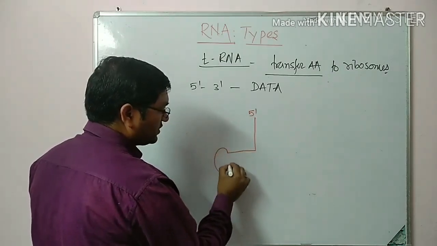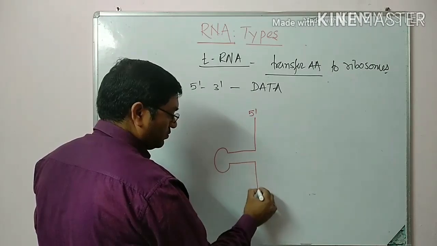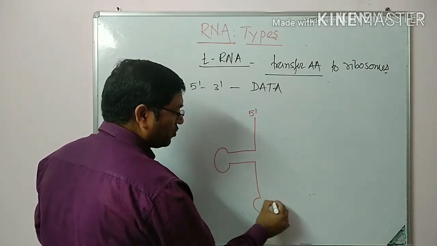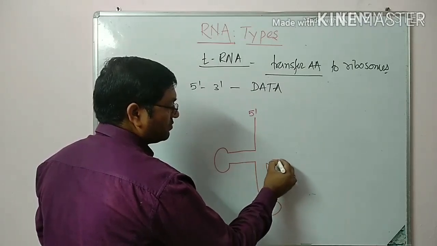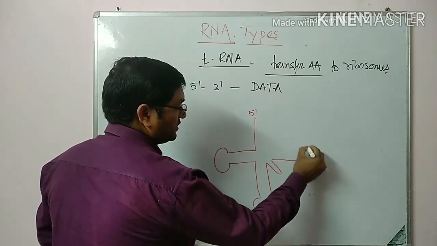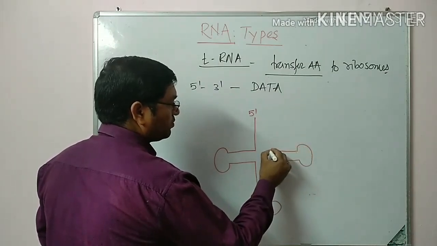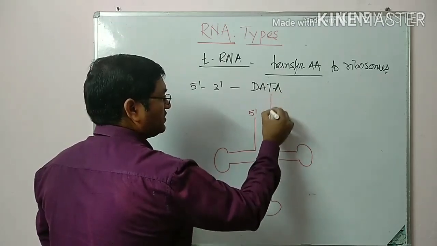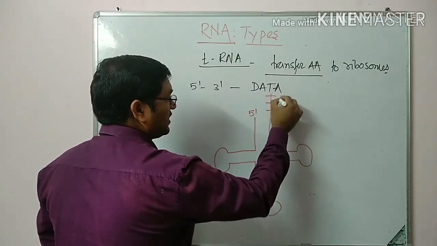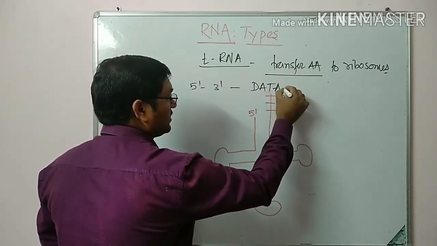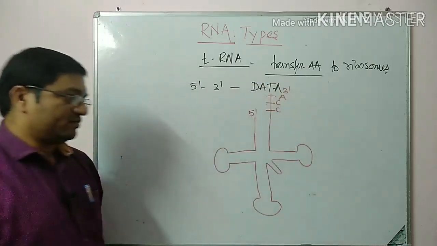First is the D loop, followed by the anticodon. This is the variable arm. This is the T psi C loop, and this is the uncomplementary region, that is CCA. This is the 3 prime end of tRNA.